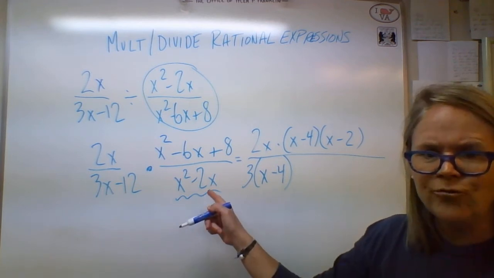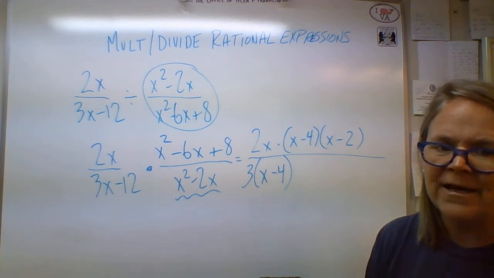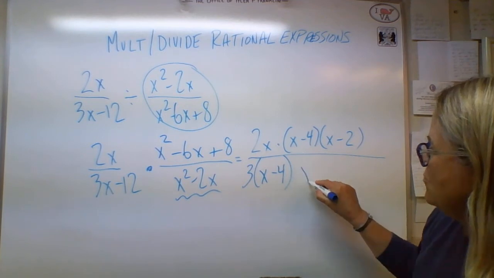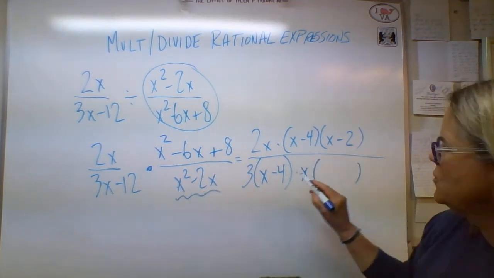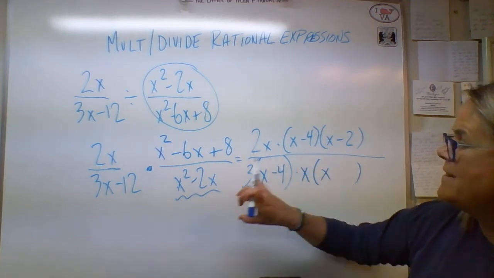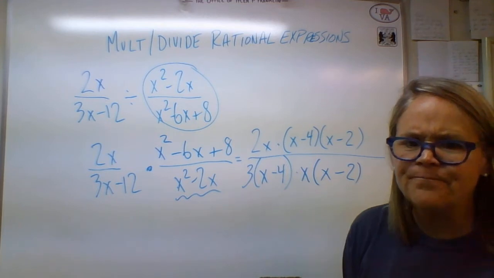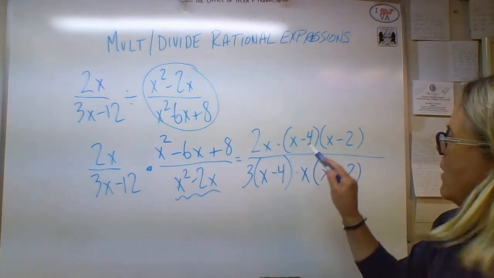If you can't do regular factoring, what's the biggest thing that will go in x squared minus 2x? Take an x out. Once you take 1x out of x squared, you got x left. Take that x out of minus 2x, you're left with minus 2. So then again, what is common on top and bottom?